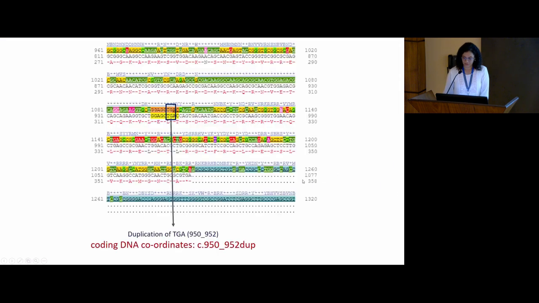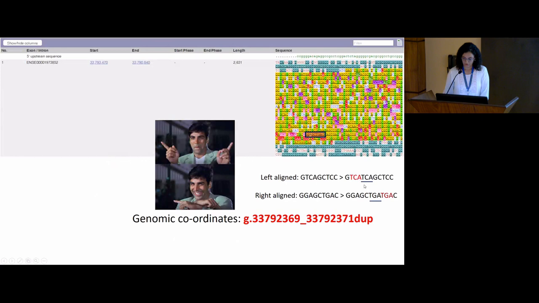So between G and the next T, there was an insertion of TCA, right? Followed by another TCA which was originally present in the reference sequence. So this is not just an insertion, it is a duplication of this particular sequence.